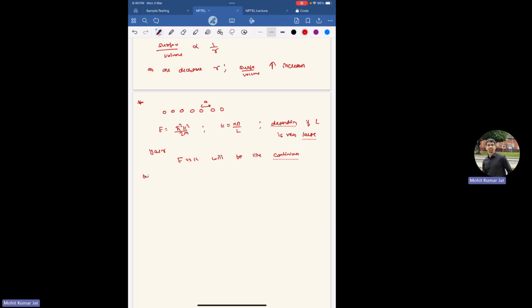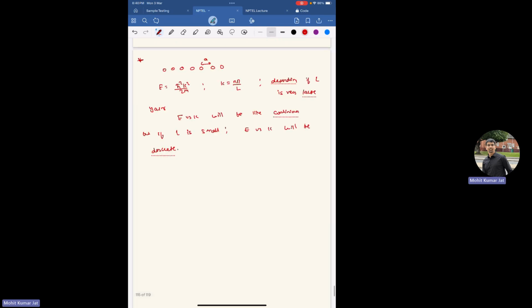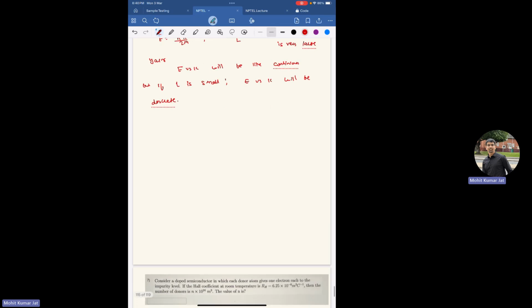But if L is small, k can take only certain values, and E versus K will be discrete. It is always discrete, but if L is very large, then you can treat it like continuous.